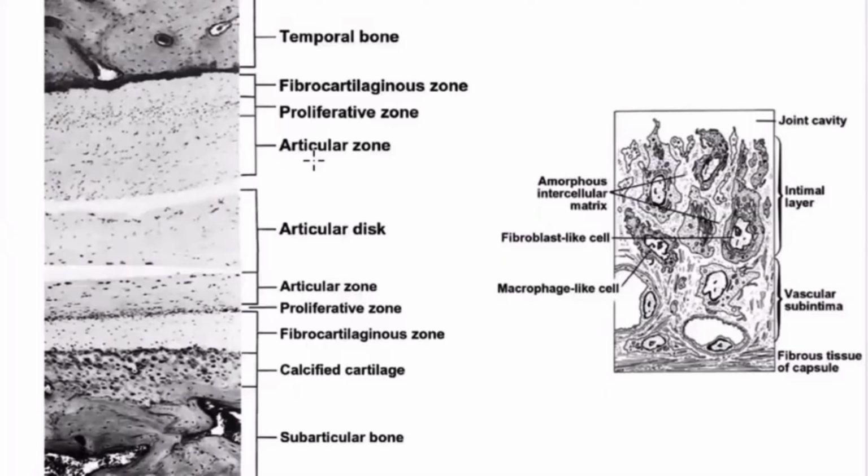The orientation of the collagen fibers depends on the stress on the fibrocartilage layer. Sometimes they are parallel, while other collagen fibers run perpendicular, to withstand the forces on the joint.